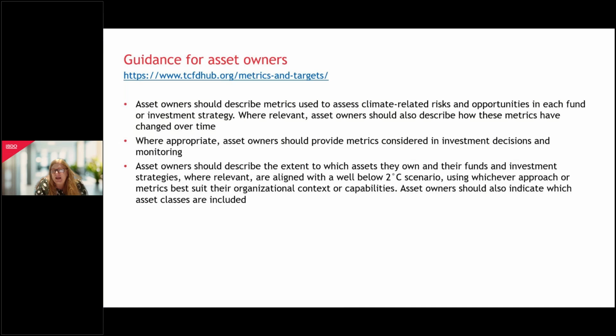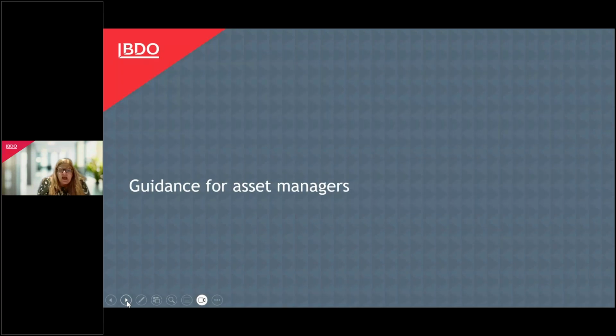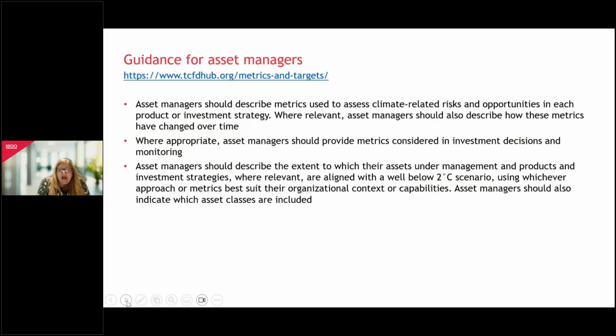Really important, we're seeing a huge shift in asset owners globally, but also in Australia, where asset owners are demanding certain information, are demanding the entities in which they invest to commit to a low carbon transition or low carbon economy, their carbon footprint, setting targets, monitoring their progress against that. So a push from asset owners, but also a push for asset managers.